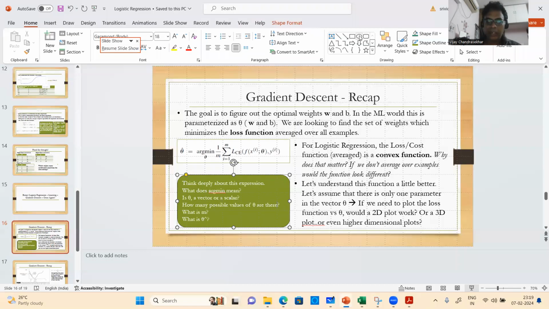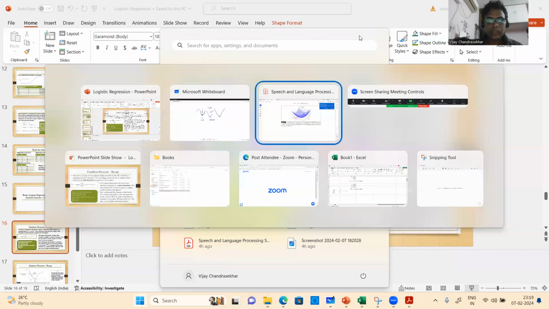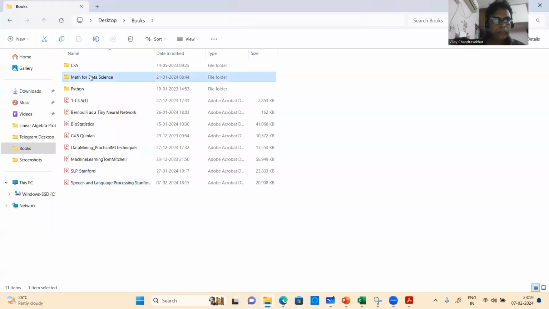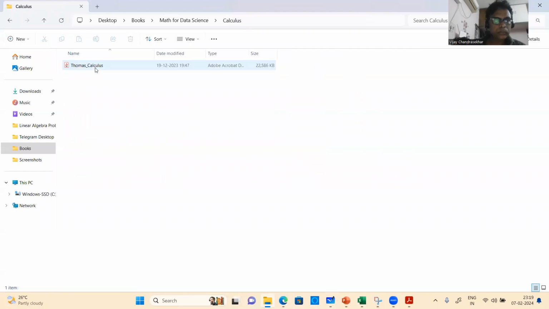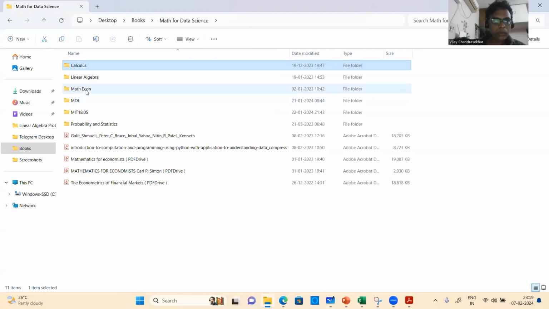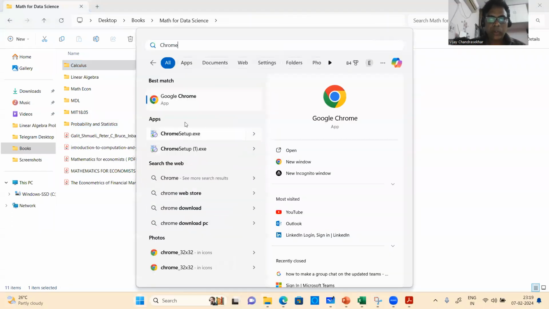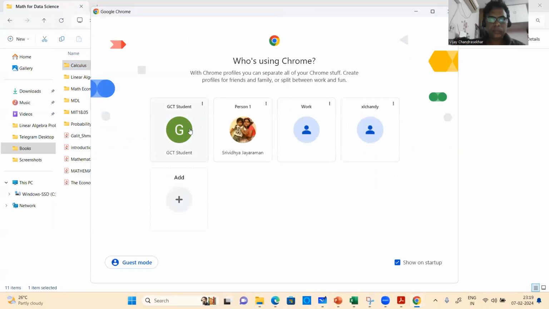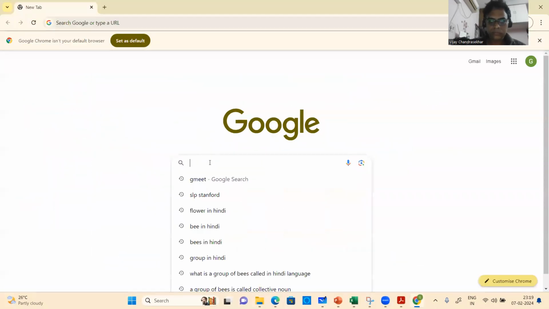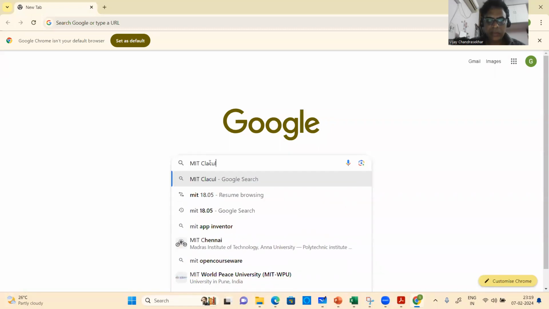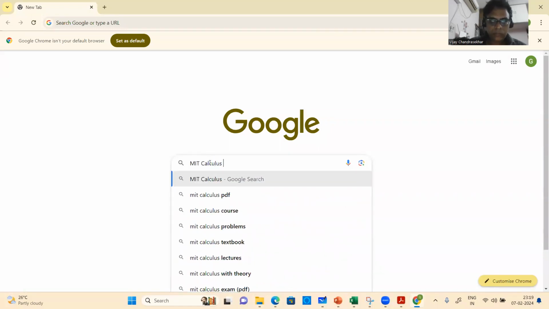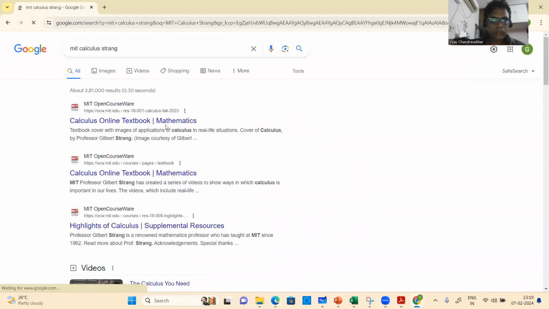Okay, let me see whether I have it handy. Give me a moment. I'll just tell you what you need to look for. MIT calculus, Strang. So there are three books here. Look for book 2 or book 3, one of those. They talk about this specific aspect.